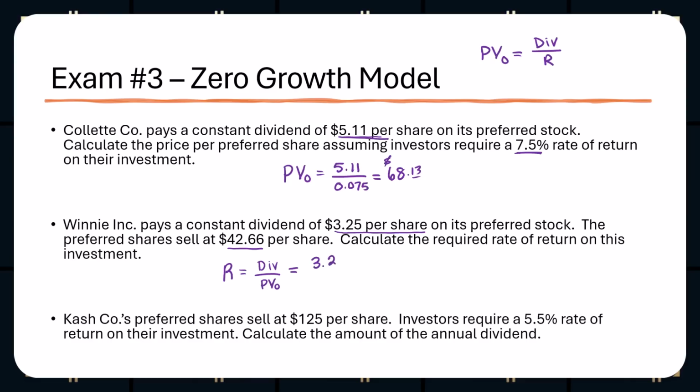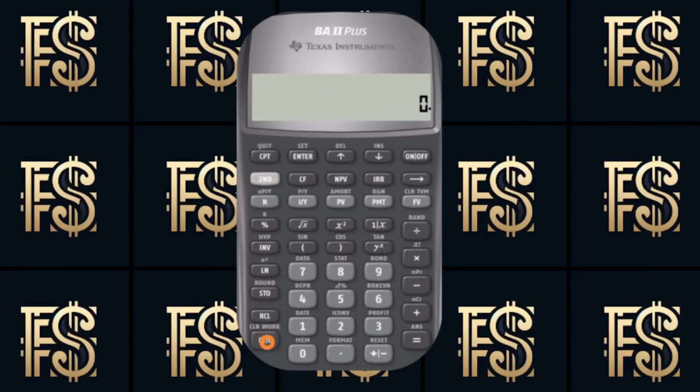So we're going to take the $3.25 and simply divide it by the $42.66 price per share, and we will find the required rate of return on this investment. And we find that the required rate of return on this investment is 7.618%.